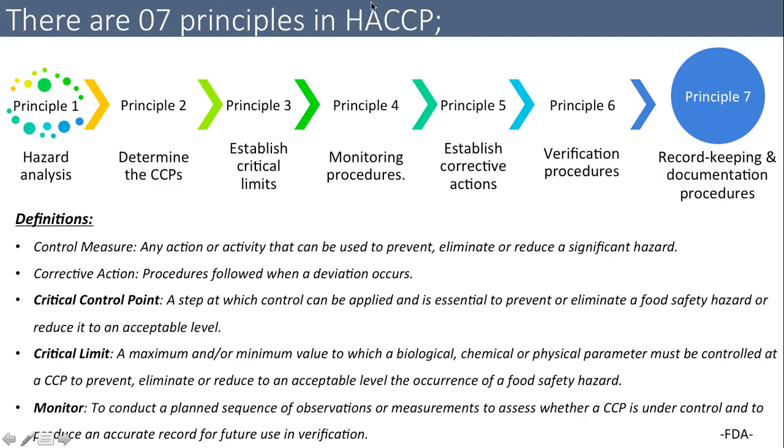You can hire any recognized institutions like SLSI or ITI. There are some institutes, so you can send your thermometers to those laboratories and get the calibration reports. So that is verification. And record keeping and documentation is very important to monitor these things.